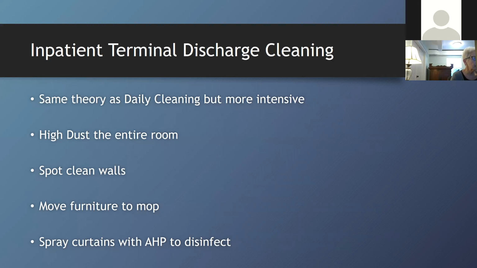There have been a couple of studies, one that, again, Dr. Ratala and colleagues at UNC did and published back in 2014, looking at the use of an improved hydrogen peroxide spray to disinfect curtains either on a daily basis or at time of terminal clean.